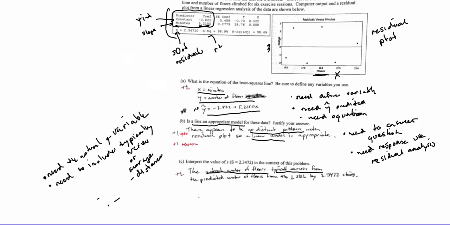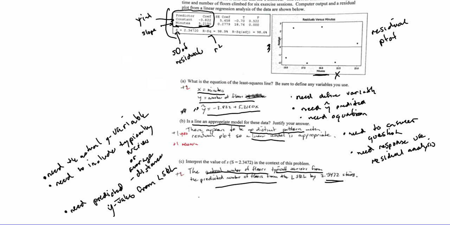What is happening is that the actual y values typically vary from the predicted y values from the least squares regression line, because that's where you get it from. That's what it typically varies by. That's what the standard deviation of the residuals is.